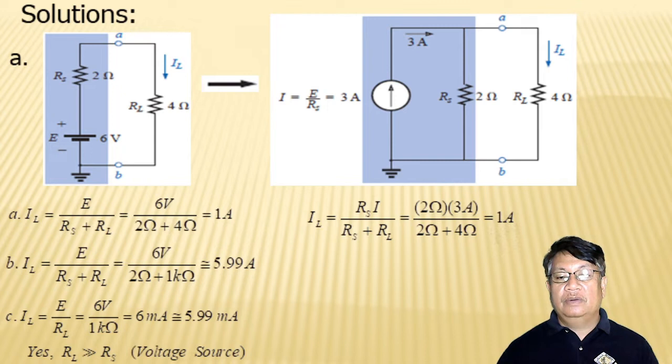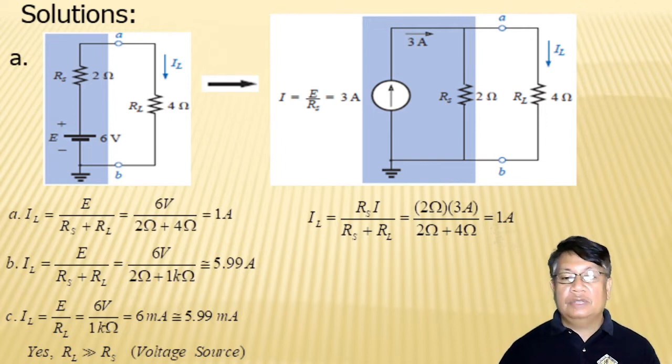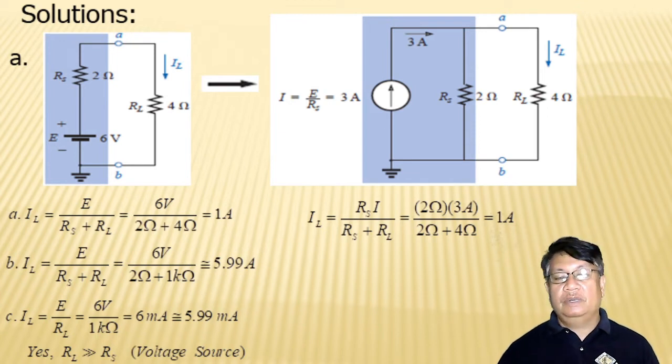Using Ohm's law with the ideal circuit of internal resistance equal to 0, that is 6 volts divided by 1 kilo ohm. So it is approximately equal to 6 milliamperes, or very near to 5.99 milliamperes.